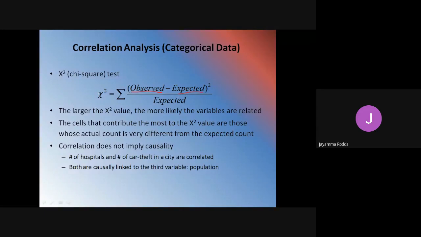This is the formula: chi-square is equal to the sum of observed minus expected, whole squared, divided by the expected value. The larger the chi-square value, the more the variables are related.